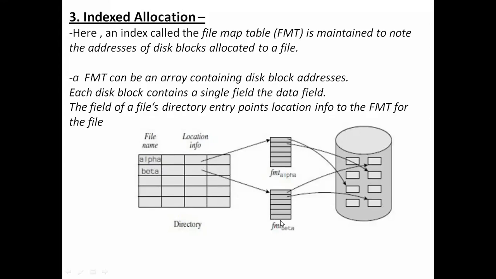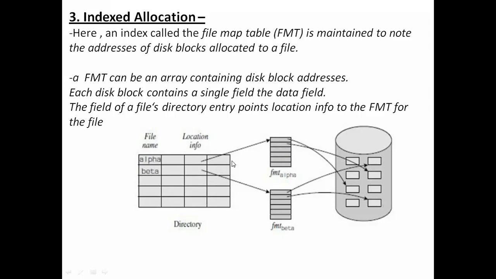If we access the address of FMT alpha stored in the location information of the dictionary, in turn it means I'm able to access all the blocks allocated to that particular file.